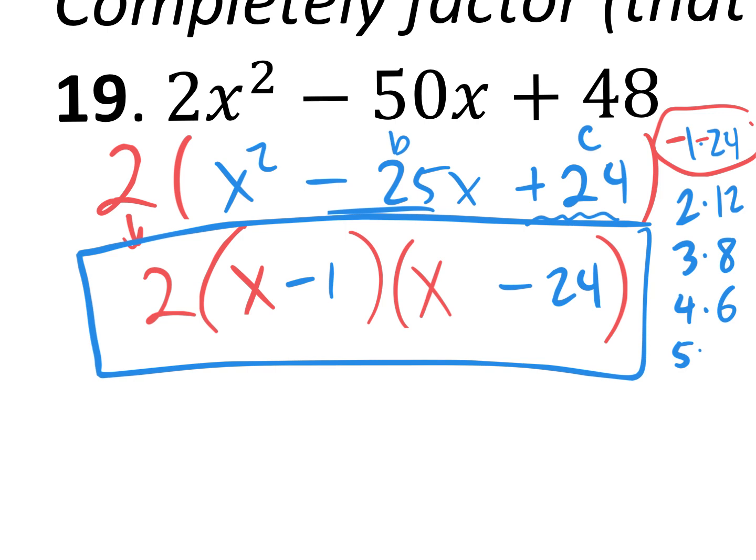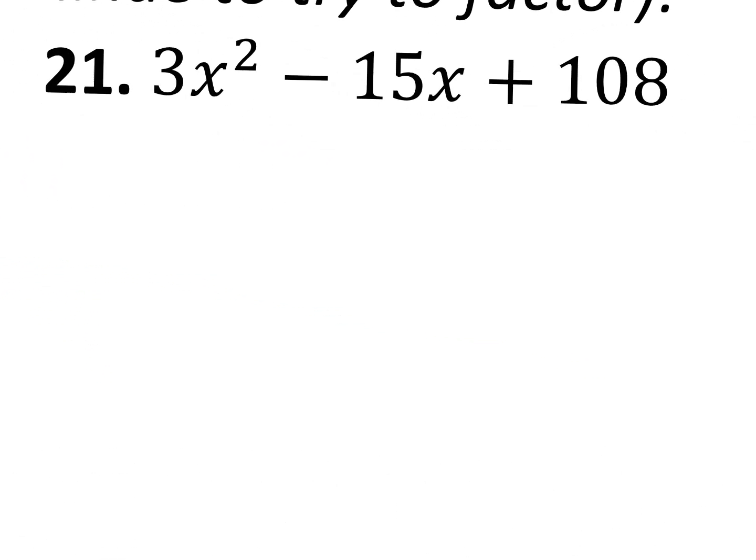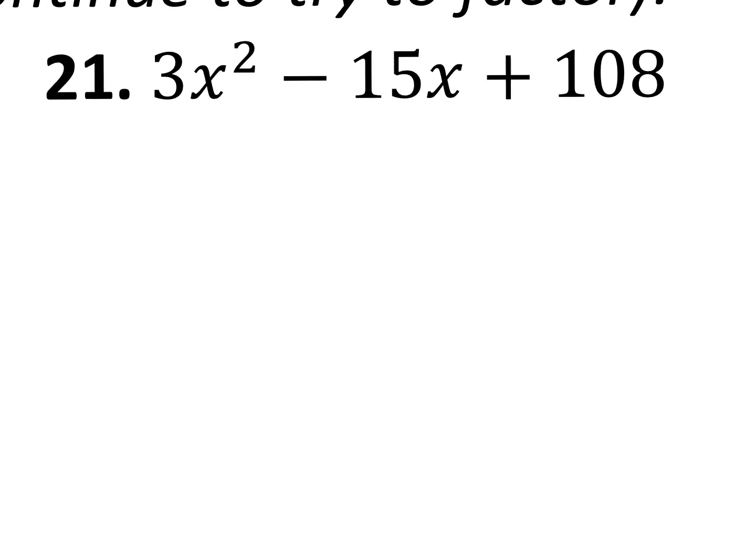Now, you're not always going to be able to continue to factor on the inside of the parentheses. Like, let's all go to number 21 here, for example. Trying to pull out the GCF first. It looks like there's a multiple of 3, multiple of 3. I hope 108 is divisible by 3. Could somebody help me out with the calculator? It is?